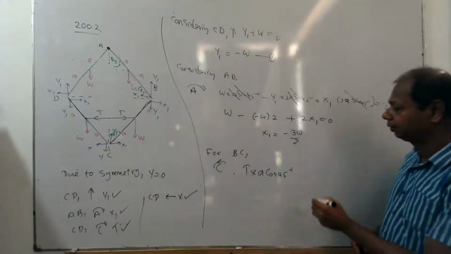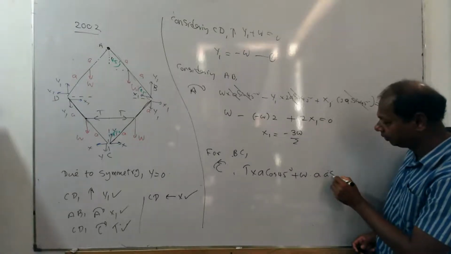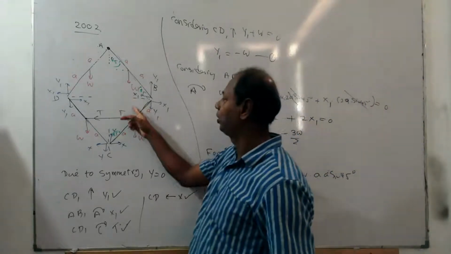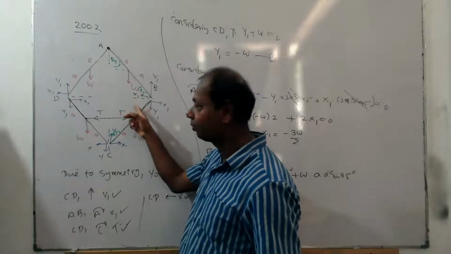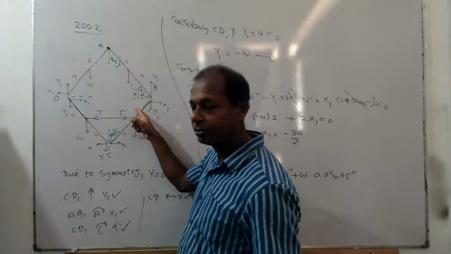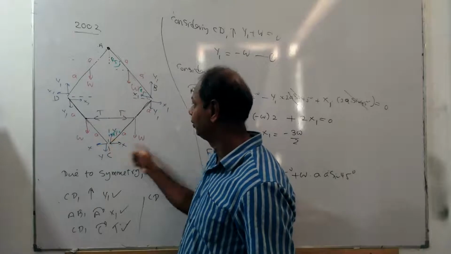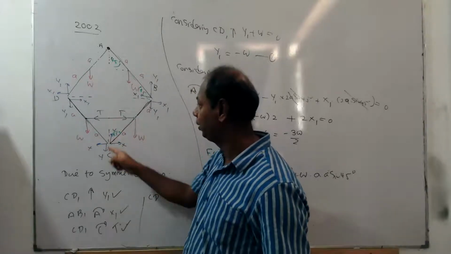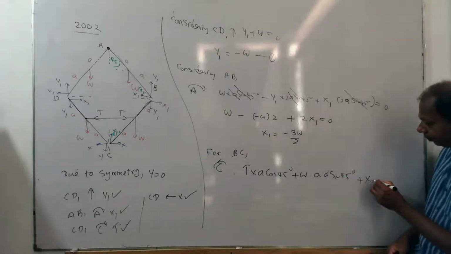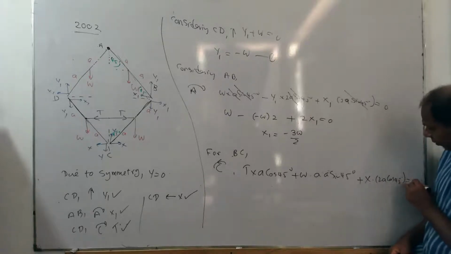Plus W into distance, it's the same. It can be sine, but the 45 degrees value is the same. So for W the distance is a cos 45. For T, the distance is a cos 45. For x, the distance is 2a cos 45 or 2a sine 45. Equals 0.